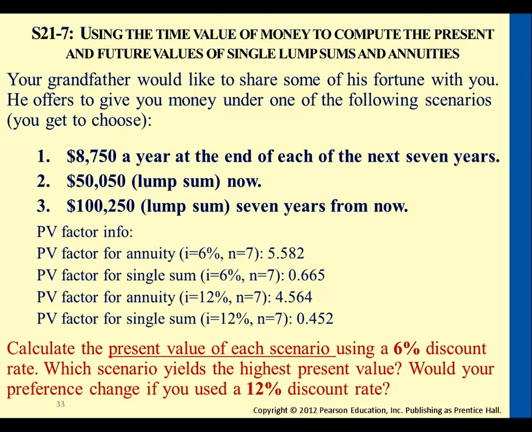So what you want to calculate is your present value of each scenario. I'm giving you all the present value factors. We know that there is a 6% discount rate. Calculate which scenario yields the highest present value.